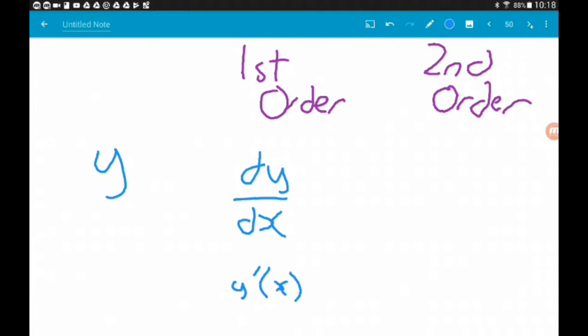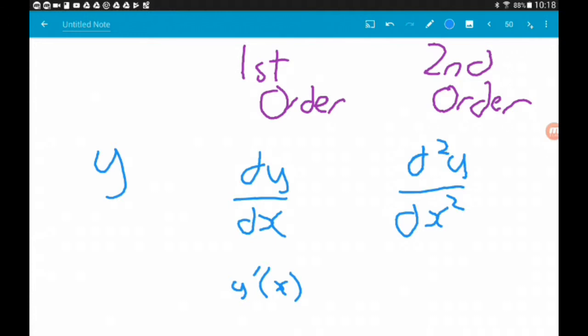Now our second order derivative, so if we differentiate again, so we're differentiating dy by dx or y dash of x, we call this either d squared y over dx squared, which might look like it means the square of dy by dx, but it doesn't.